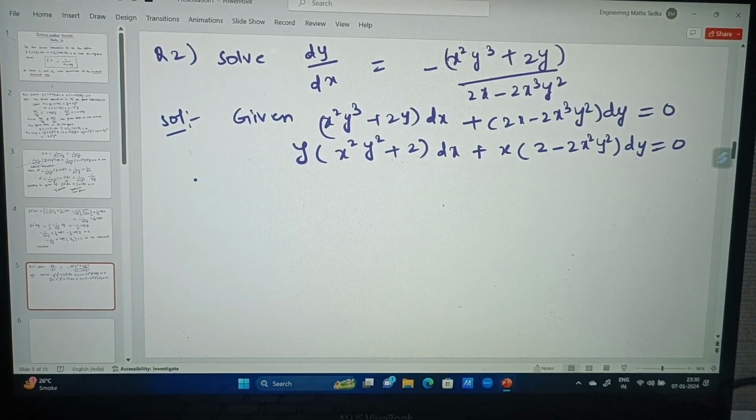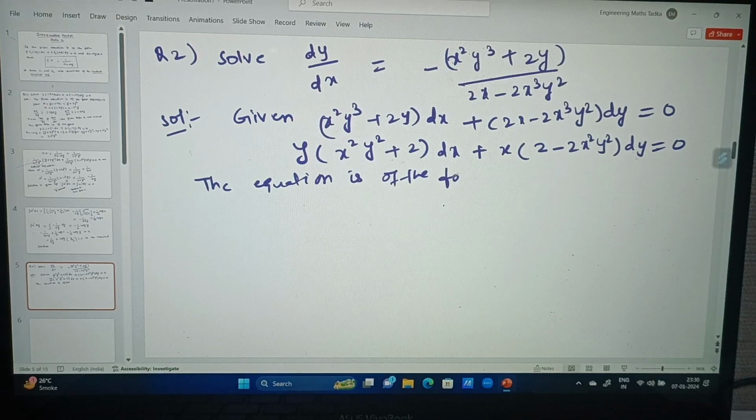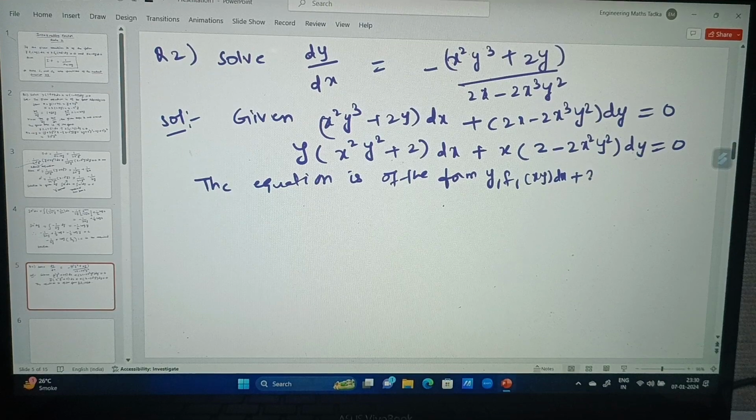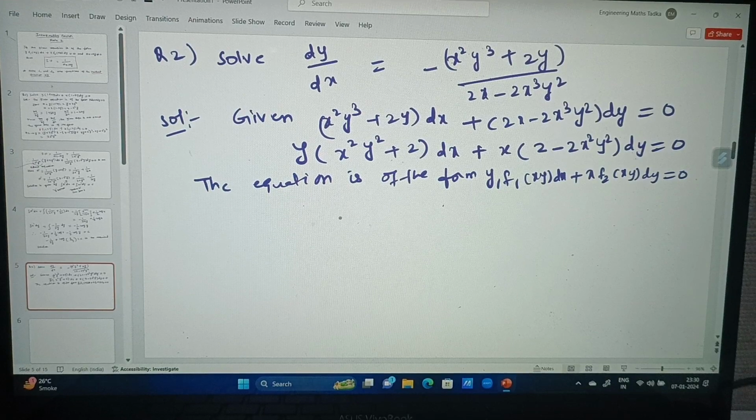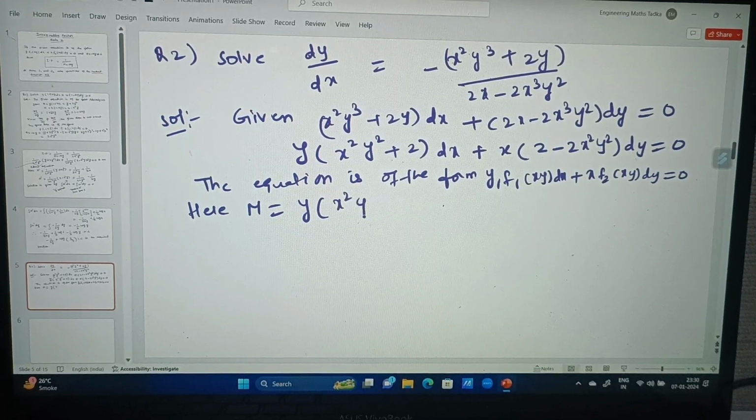Now immediately by observation you can write the equation is of the form y into f1 of xy dx plus x into f2 of xy into dy is equal to 0. Now you can write the functions M and N here. What are the functions M and N? Here M is equal to y into x square y square plus 2, and your N is equal to x into 2 minus 2x square y square.